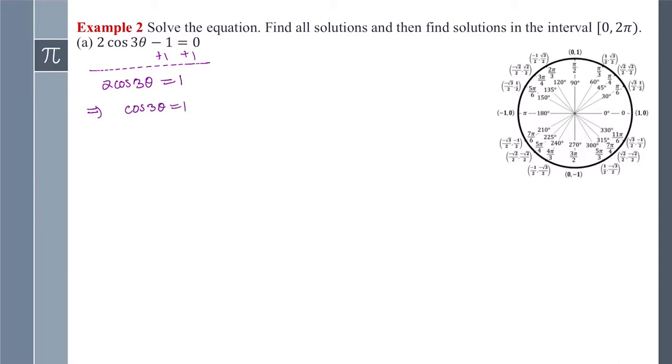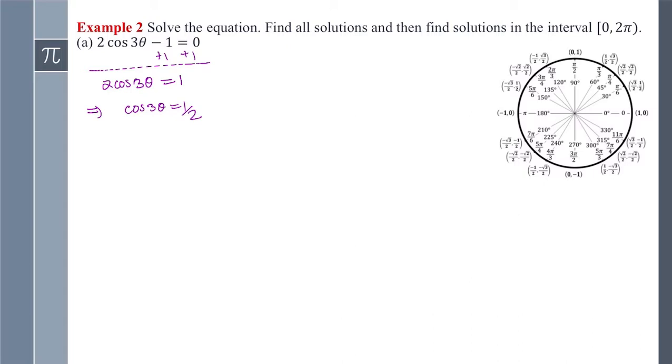Okay, so this is a multiple angle. We'll find the value for 3 theta first, and after that, we'll find the value for theta.